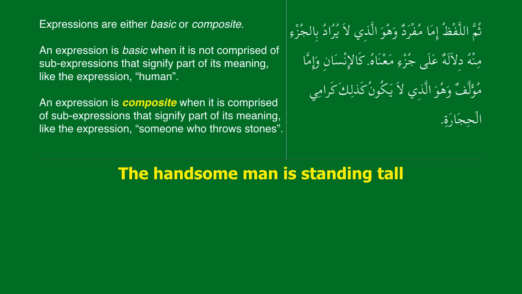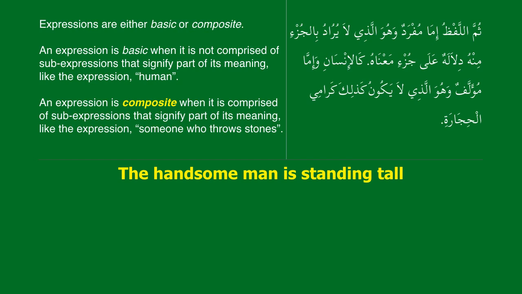So the basic expressions that we just saw were not composed of sub-expressions. Man is not composed of a sub-expression. Handsome is not composed of a sub-expression. Standing is not composed of any sub-expressions, and tall is also not composed of any sub-expressions.